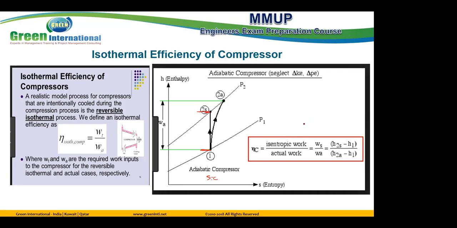It depends on the function, because for a compressor we need to consume work, so in the ideal case it is less. For a turbine we need to obtain work, so for ideal it is more. For the turbine, isentropic goes straight and the other goes like this, so isentropic is higher, from 3 to 4 for example.